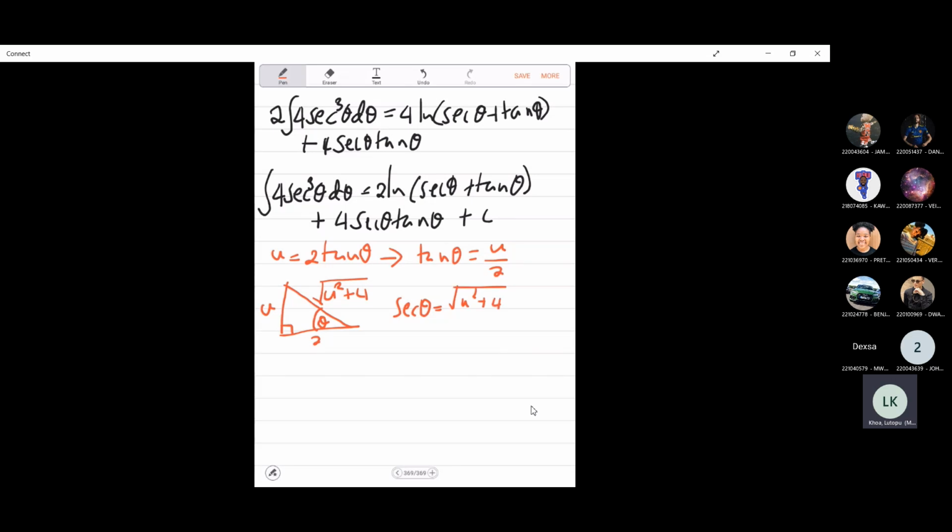Okay, and then you need to just remember that u is x minus 1. So tan theta is x minus 1 over 2, and sec theta is the square root of x minus 1 squared plus 4, and then the whole thing is over 2.